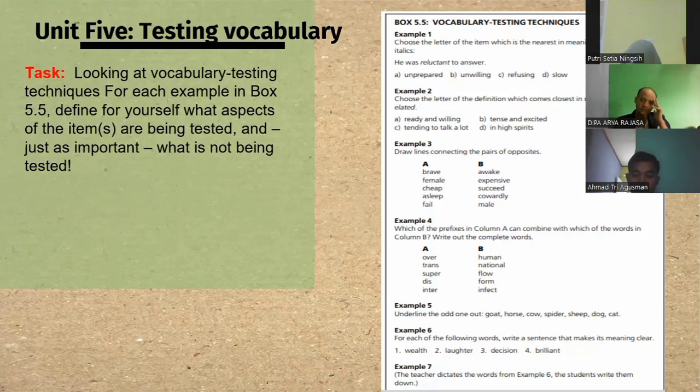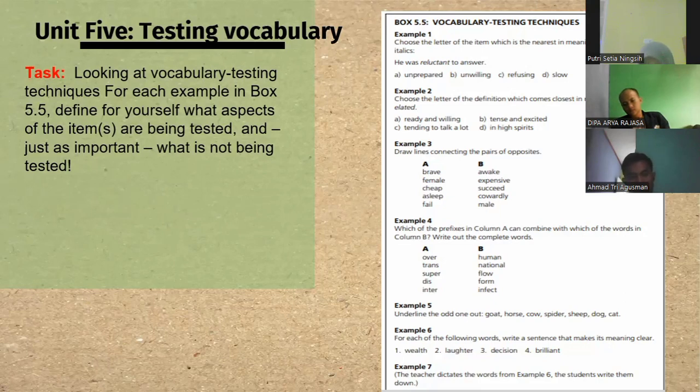And then example 3 is matching. As in the previous example, only meaning is tested, and is knowledge of an opposite a proof that the test taker knows the meaning of the original word? Matching items are quicker and easier to compose than multiple choice, but note that the last option, if the learner has all the order right, becomes obvious.